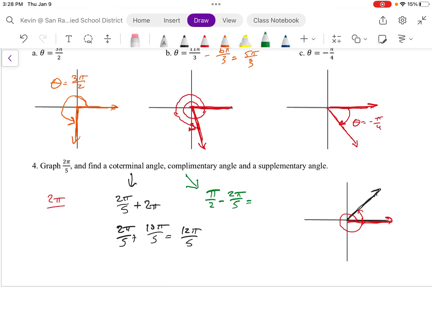Let's see, we would make this 10, so this is 5 pi over 10 minus 4 pi over 10, which gives me pi over 10. So that would be my complementary angle here.